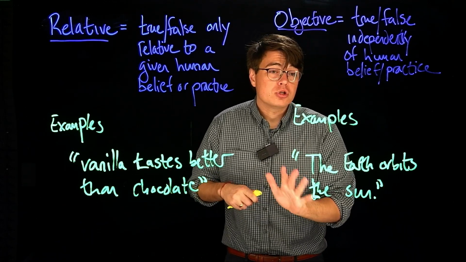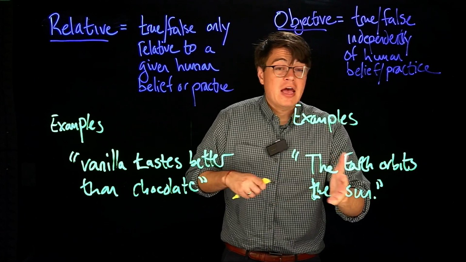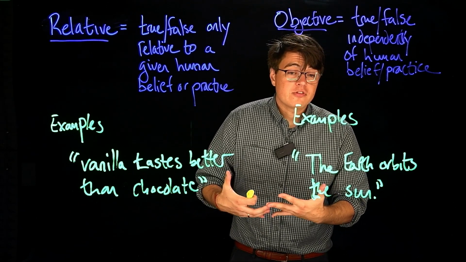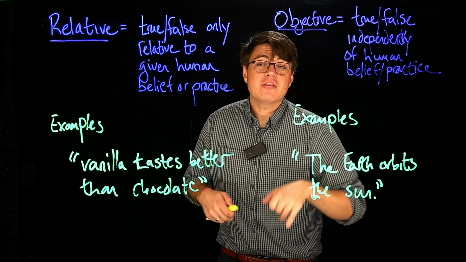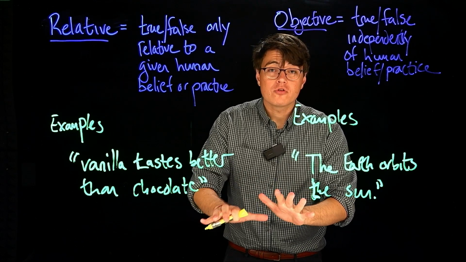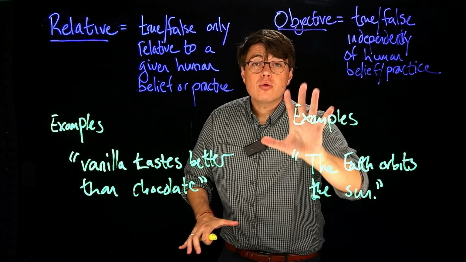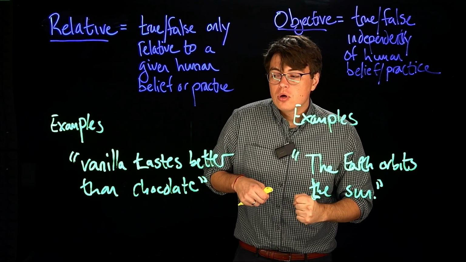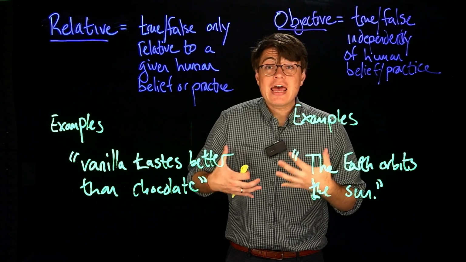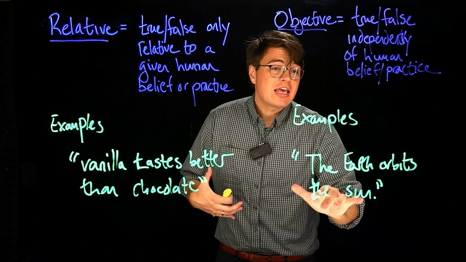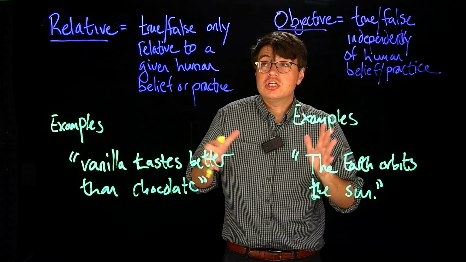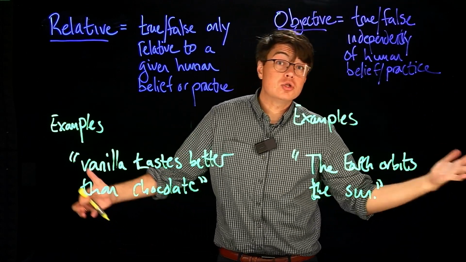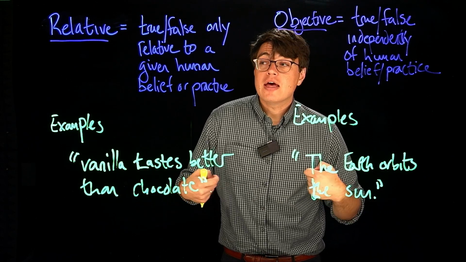Now, it is, of course, true that at different points through human history, different groups of people, different societies have believed that this proposition is false. That, of course, is true. The idea, though, is that we can recognize that sometimes human beliefs get the propositions wrong, get the truth of things just incorrect. And that occurs when you have an objectively true or false proposition that is being believed.